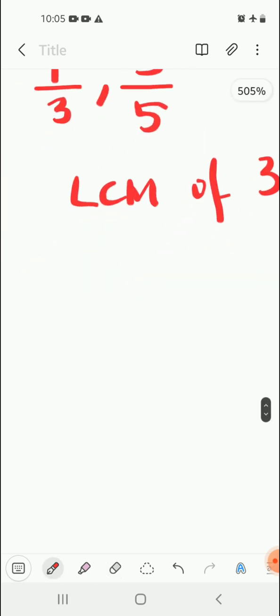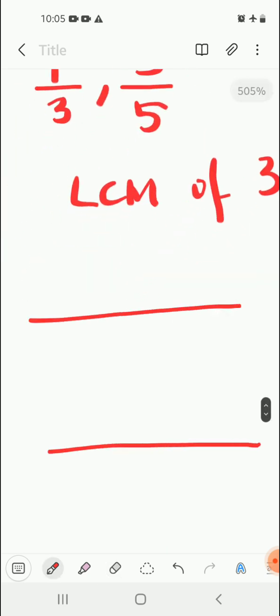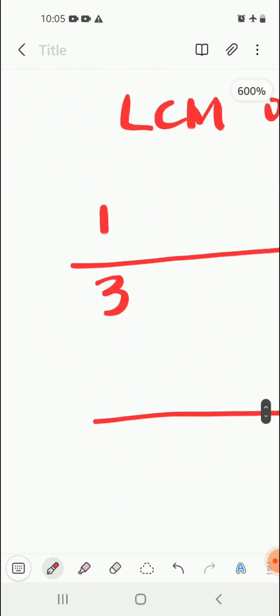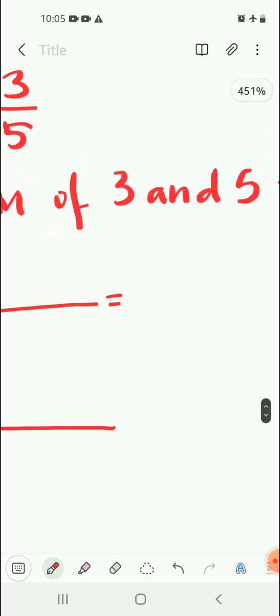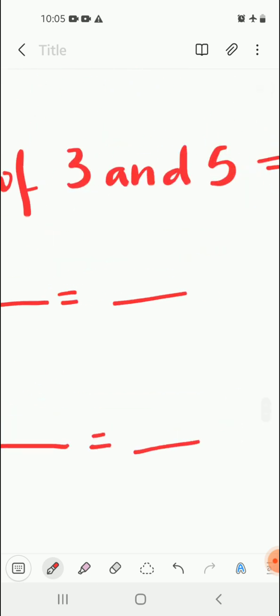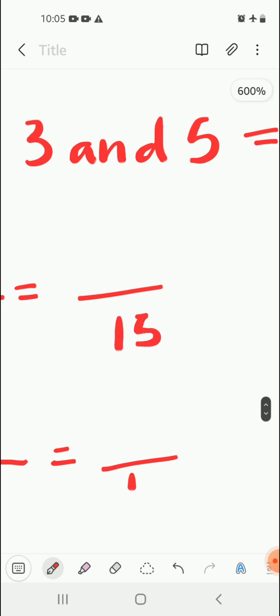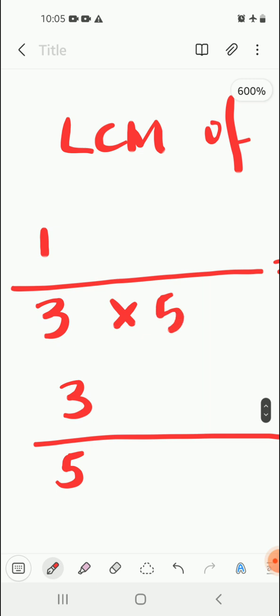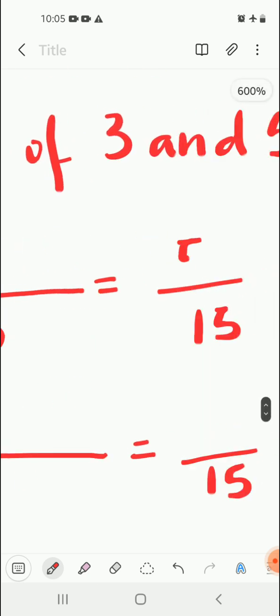Next step, draw long horizontal lines and just copy the fractions given: 1 by 3 in the first case and 3 by 5 in the next case. Now the denominator will be the LCM that we have, that is 15 here and 15 here. Now you see 3 into 5 is 15, so multiply the same with the numerator: 1 into 5, 5.